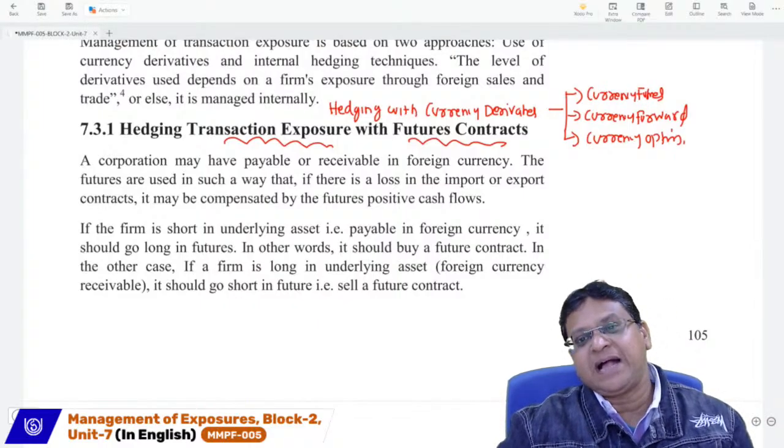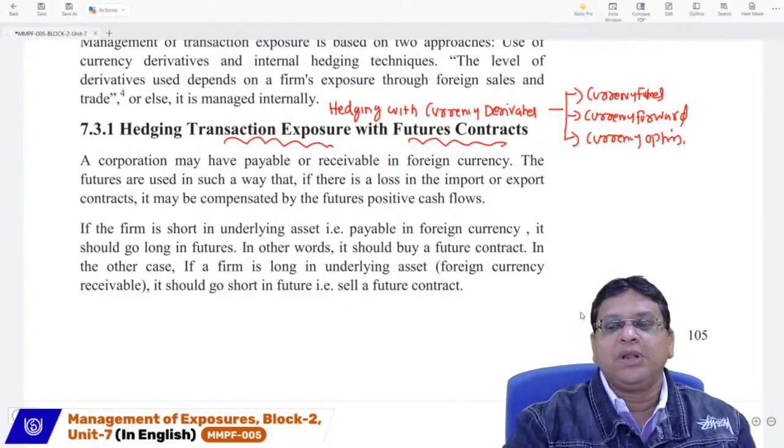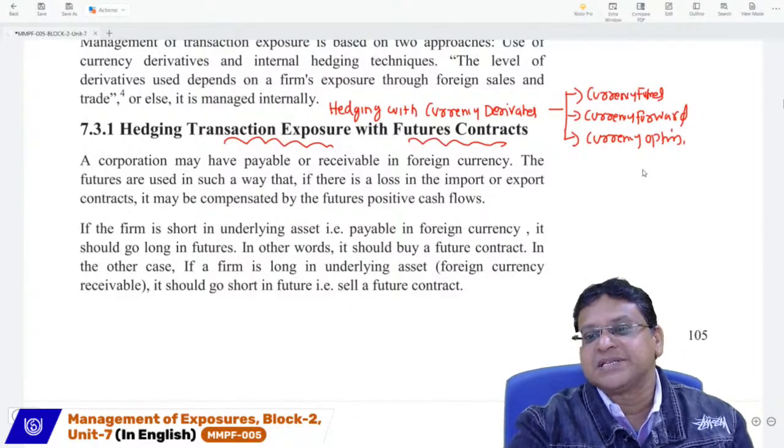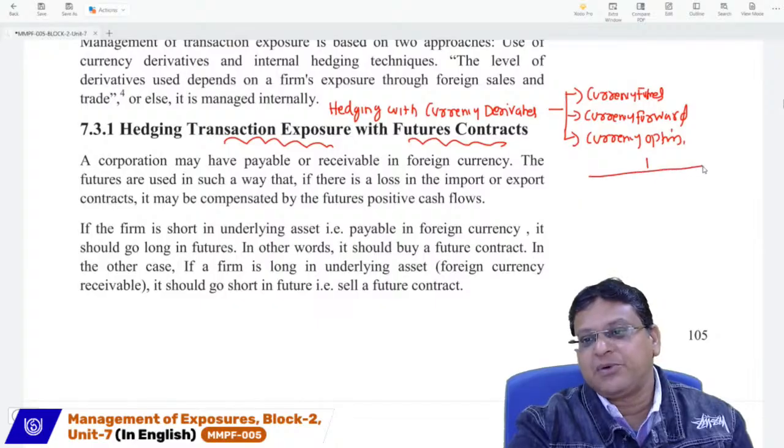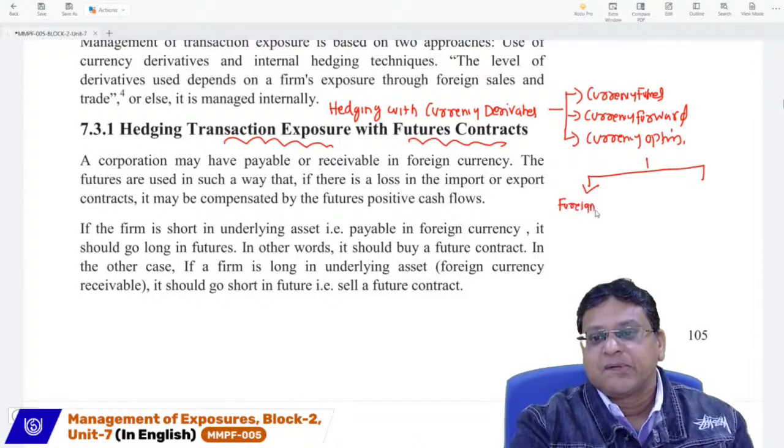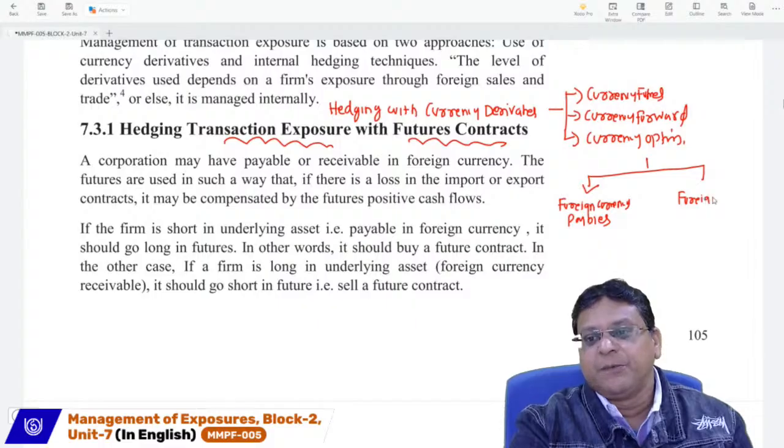A company has foreign currency risk only when it has two things: either it has foreign currency payable or foreign currency receivable.